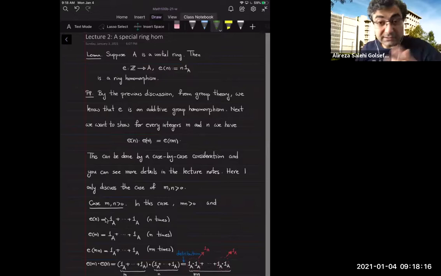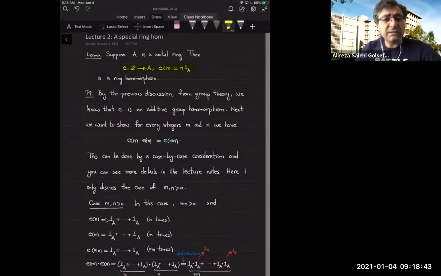So what is this ring homomorphism? I simply send n to n times the identity of the ring A. My claim is that it is indeed a ring homomorphism. So this is the function that I'm talking about: any integer n, we send it to n times the identity of the ring.